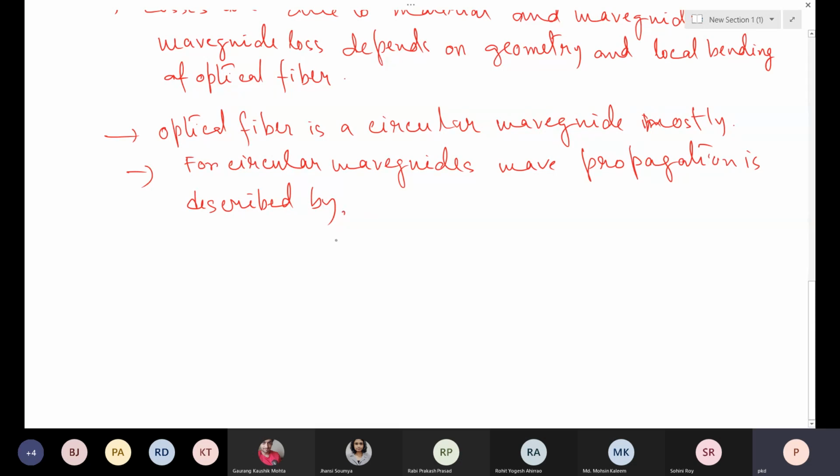Described by the distribution of the amplitude of wave as psi in terms of radius vector r, then the angle phi, distance of propagation z, and time t.